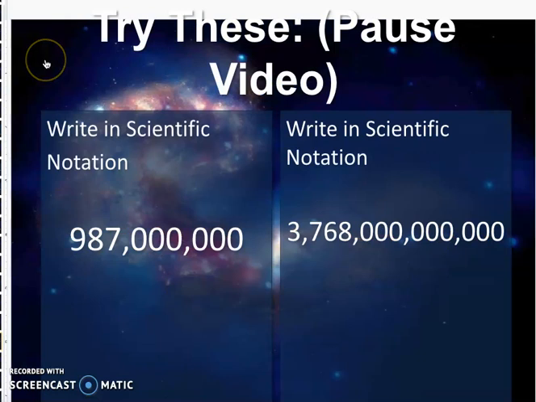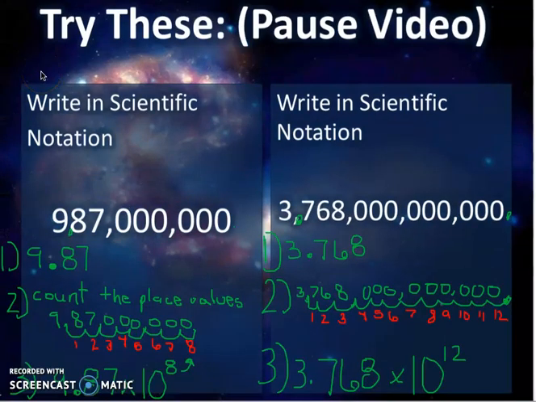At this point, you need to pause the video, try these practice problems on your own, and then compare your answers to mine. Okay, so hopefully you attempted those problems on your own. If you did, your steps should look something like mine. So I'll break down what I did very quickly. I first moved my old decimal point into a place where there is only one number in front of it, giving me 9.87.